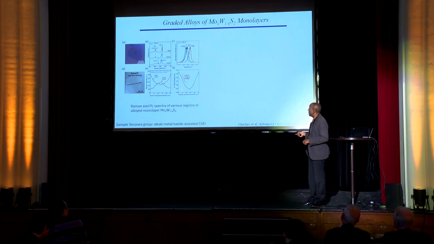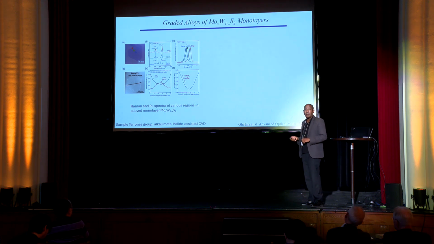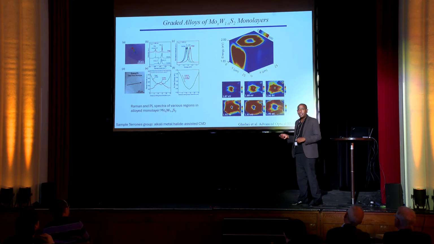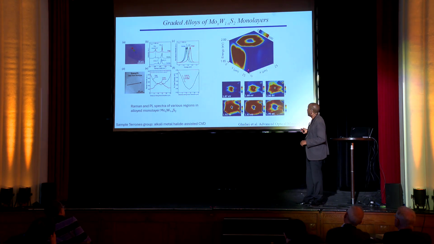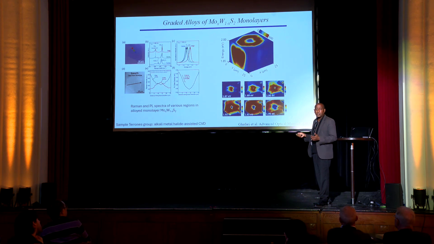The same with the PL. These are the three positions taken here with these colors. And you can see this tunability of the optical band gap. So if you take just the far-field PL and form this kind of hyperspectral image, and then section cut these at different energies, what you would see is the spatial map of the emission.